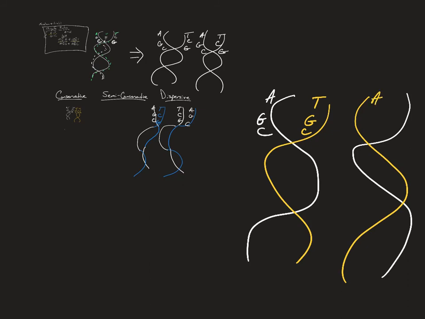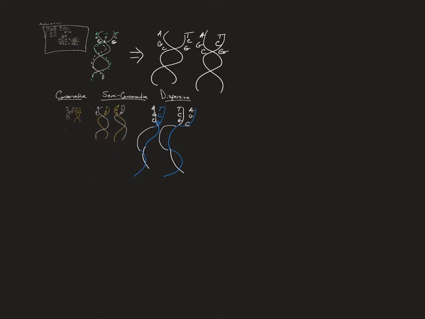This would be semi-conservative. So you could have conservative, semi-conservative, or dispersive. And their question was, which one of these three do cells use to make copies? Semi-conservative is the answer. For sure, it's semi-conservative.